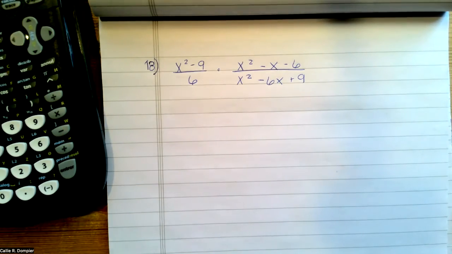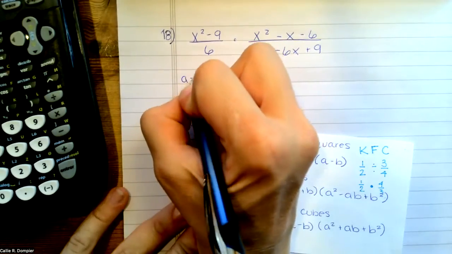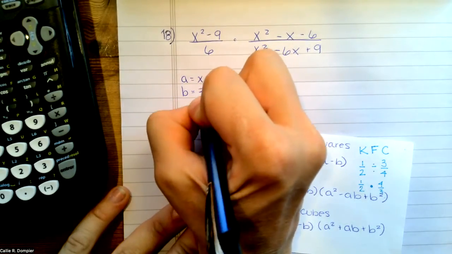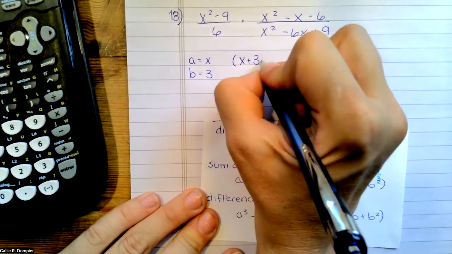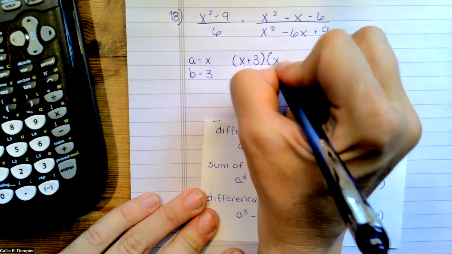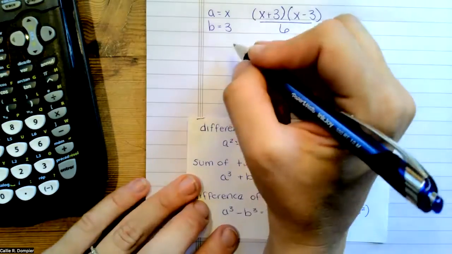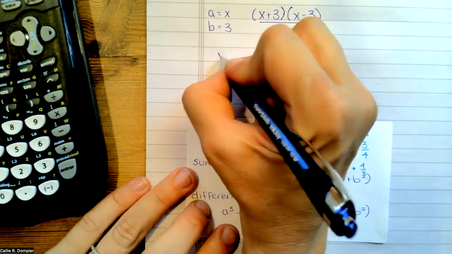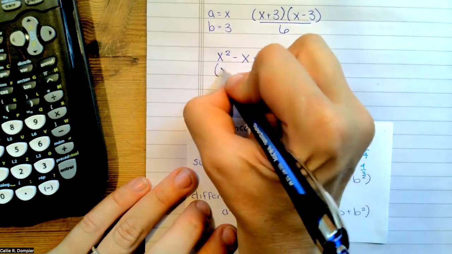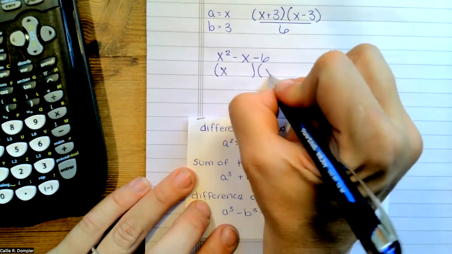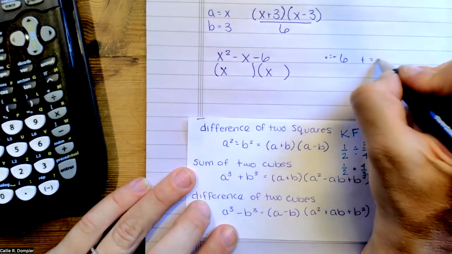All right, our last one. X squared minus 9 is a difference of two squares where A is X and B is 3, right? So that becomes X plus 3 times X minus 3 over 6. X squared minus X minus 6 becomes X, two numbers that multiply to -6, add to -1.